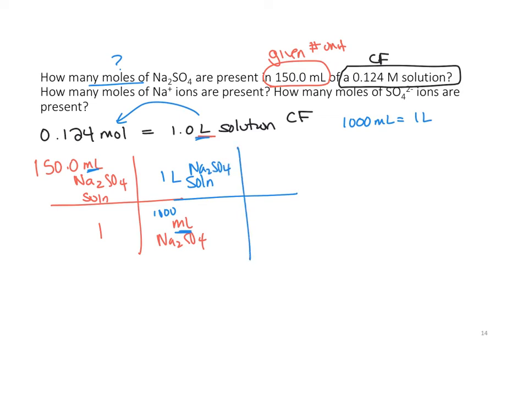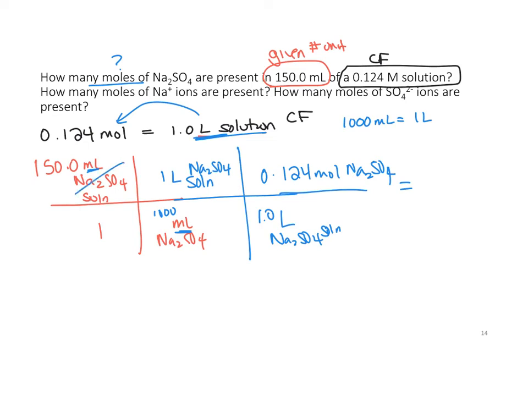It wants moles. So we're going to have to copy down liter of sodium sulfate, and here we have liter of solution equals 0.124 mole of sodium sulfate. And so this gets a 1, and now we know what to do because milliliters cancel out, liters cancel out, and we're left with moles, and we want moles.